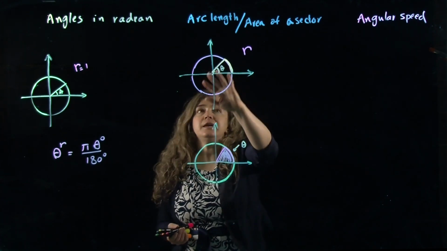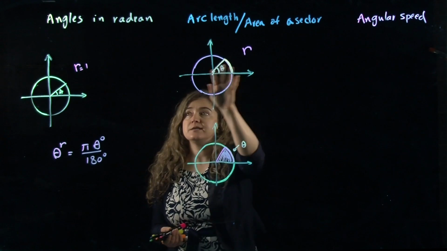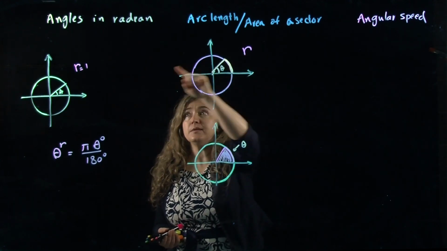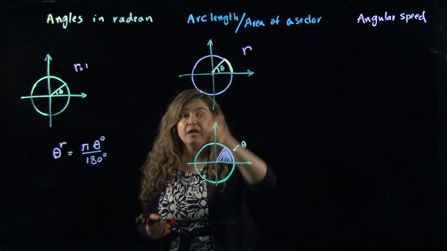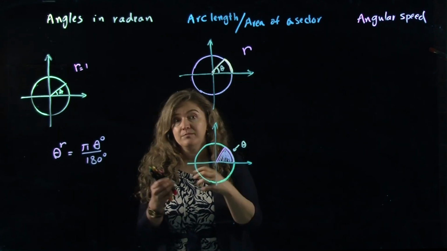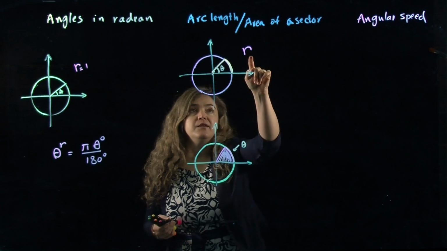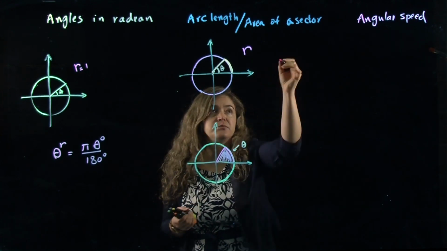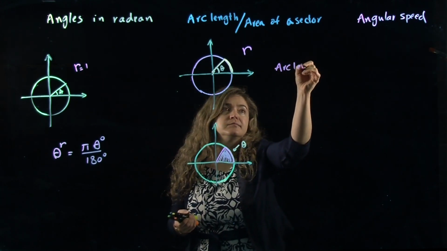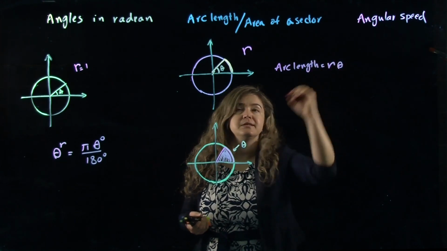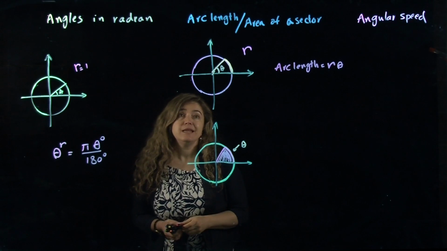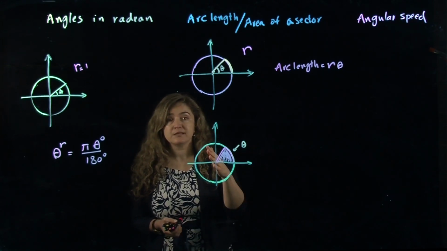Now, using that same logic, since the radius went from 1 to r, everything has to blow up or shrink by r. Therefore, the arc length should be r times theta. That's one way of discussing this.